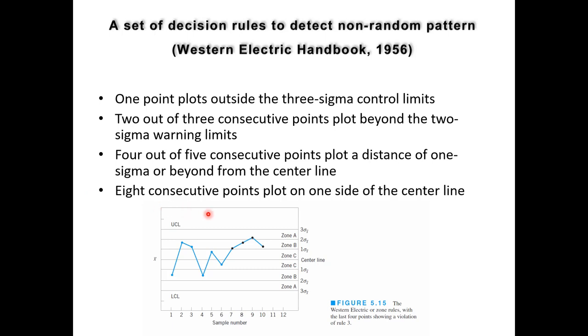Say, for example, you have the middle line as the center line, and 8 consecutive points are plotted on one side of it, either above or below. That is the guideline given in order to detect whether there is a non-random pattern in a control chart.